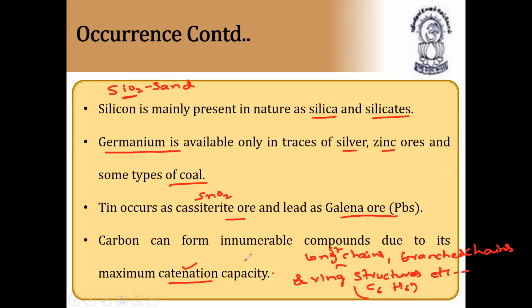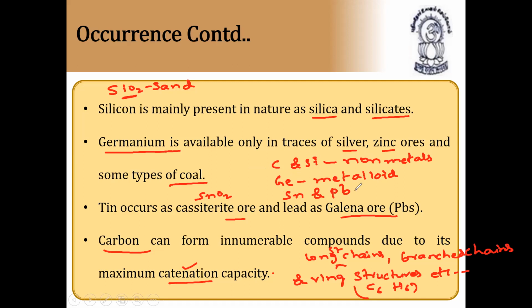In the entire periodic table, the maximum catenation capacity is for carbon only. In this group, carbon and silicon are nonmetals, whereas germanium is a metalloid.